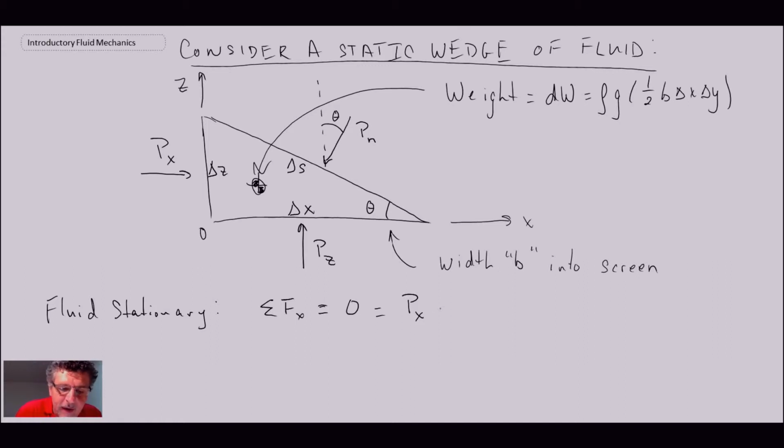The area of the surface that Px acts on is delta Z times B. And then we have to subtract off the component of pressure in this direction here from Pn. And so using trigonometry, we know that Pn sine theta would give us the component in the X direction multiplied by the size of the surface, which is delta S times B.